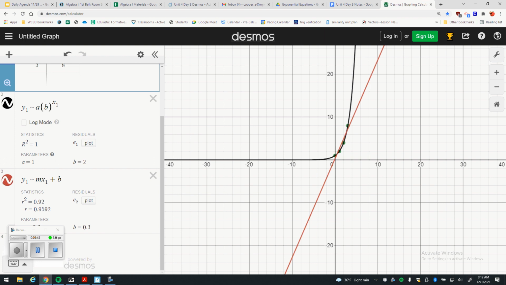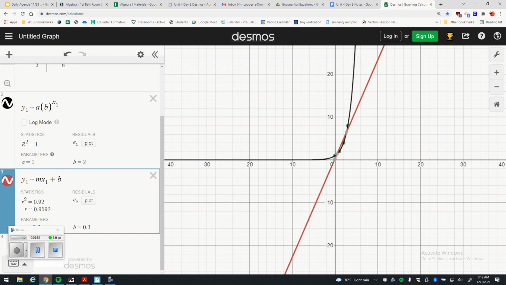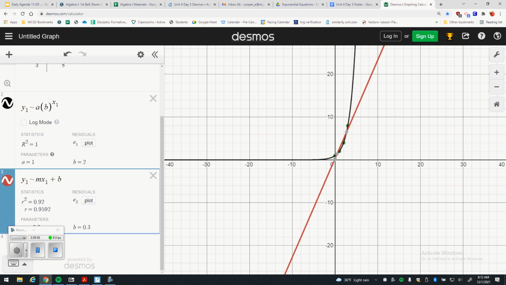Now the problem is this one. Is this Y1? Did I put this as Y1? Which one's closer? The black one, or is it the red one? It's the black one, because what does r squared equal?